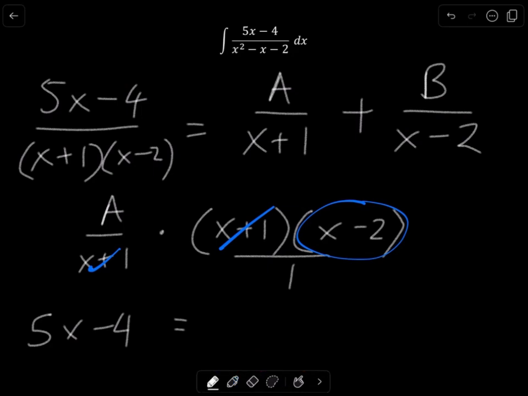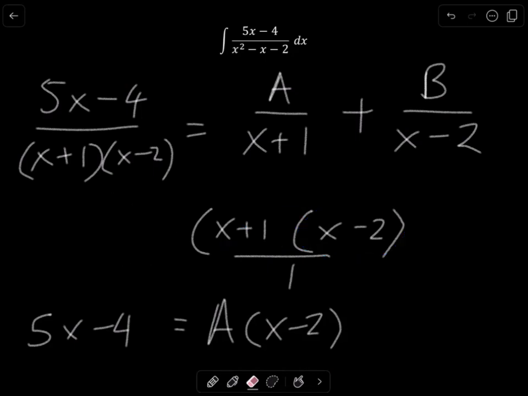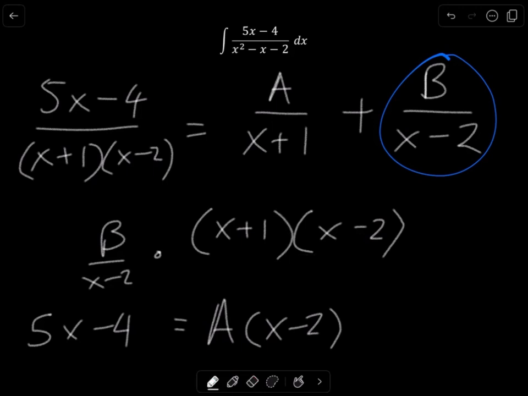So what I will have is a into x minus 2. Okay. Then I have one more term, so I'm going to take b over x minus 2, and I'm going to multiply it by x plus 1 times x minus 2. So the x minus 2 will cancel off, but the x plus 1 will remain. So it's going to be plus b into x plus 1.